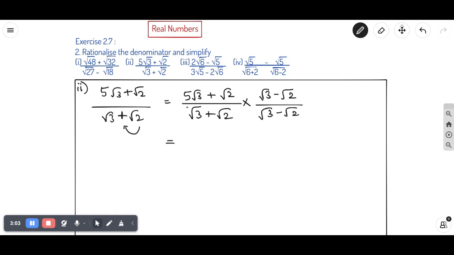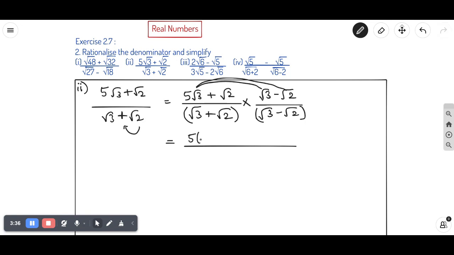Now start applying the formula a plus b into a minus b. The denominator is good. So what happens to the numerator? In the numerator, you can't apply the formula or anything. So what you have to do is just multiply 5 root 3 with root 3 and 5 root 3 with minus root 2. So in the numerator, just write 5 root 3 into root 3.